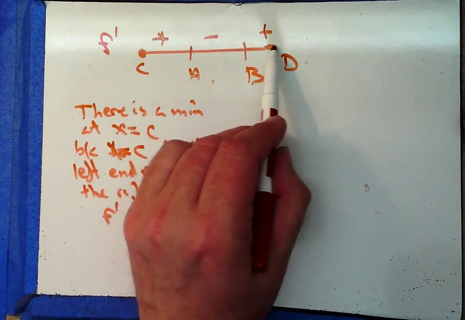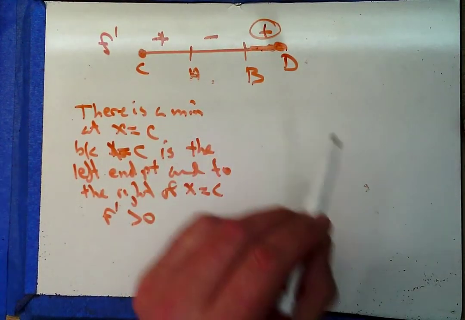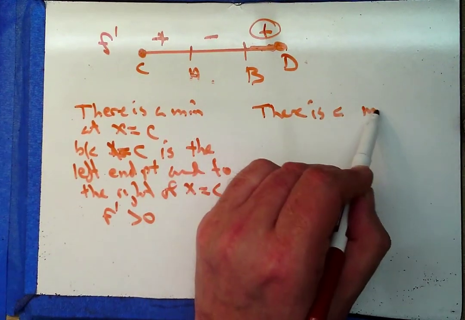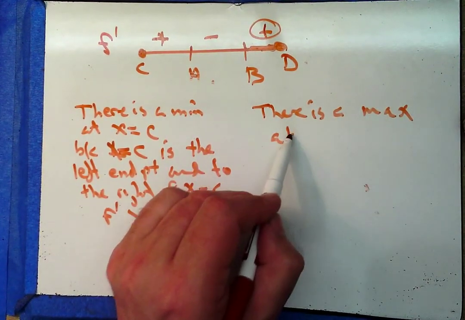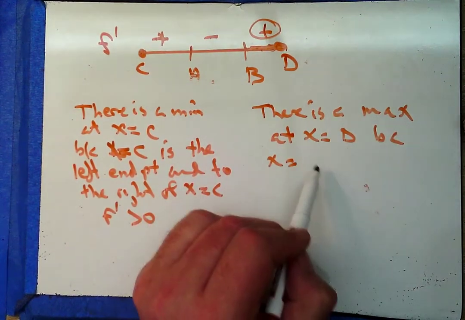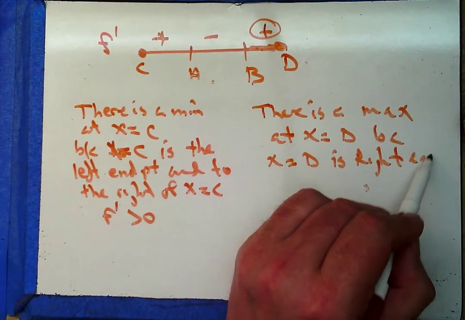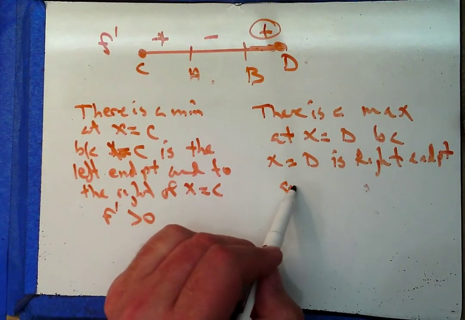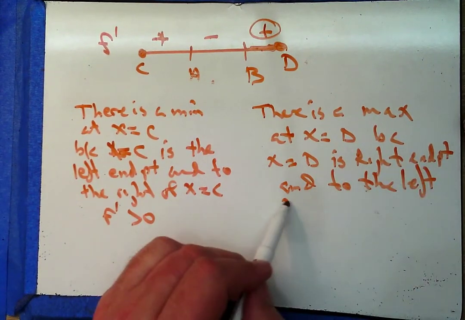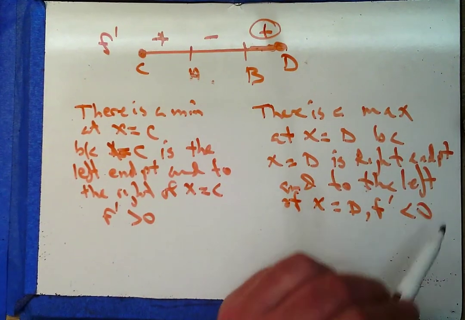And here I can see that my function is increasing until we get to point D. And so I could say there is a max at x equals D because x equals D is the right endpoint, and to the left of x equals D, f prime is less than 0.